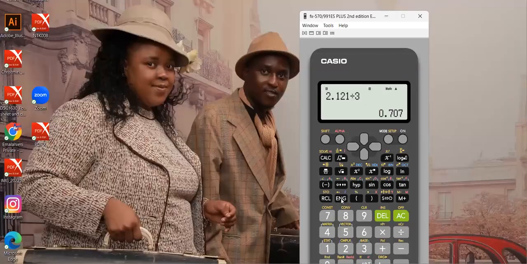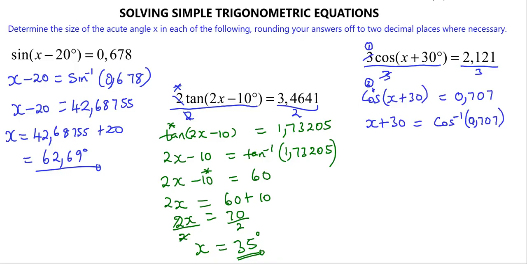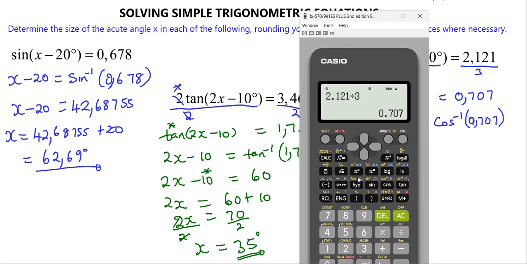Then here, if we are to punch that in our calculator, we have shift cos. What do we have here? Shift cos. It didn't read that one.